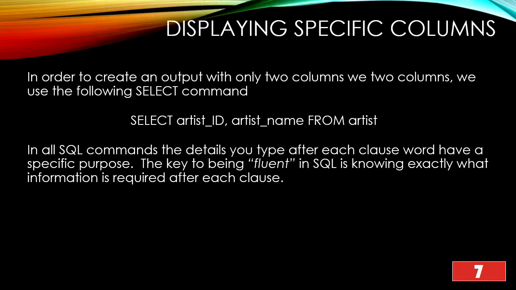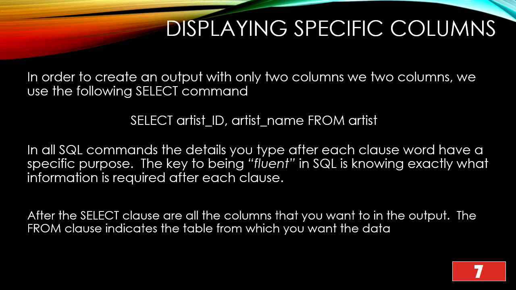After the select clause, you always specify the columns that you want in the output. And after the from clause, you always indicate the table from which you want the data, the source data.